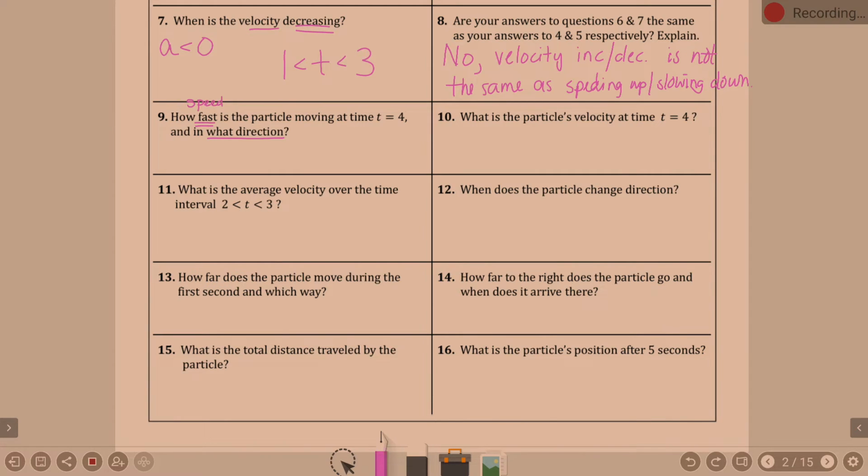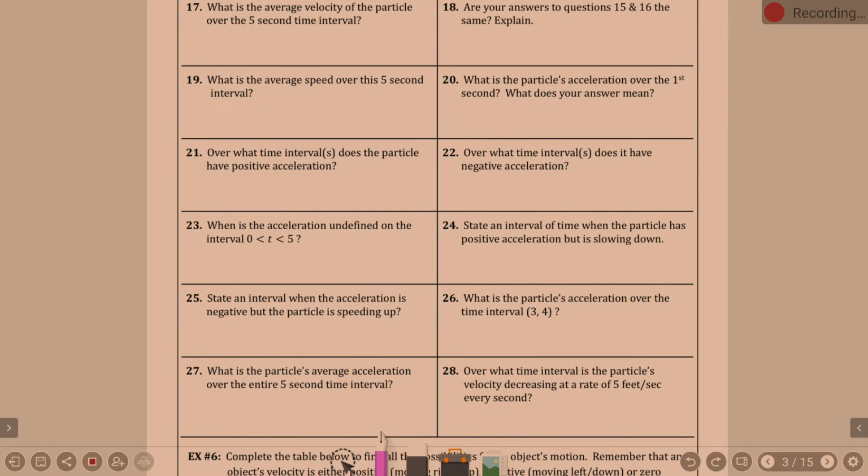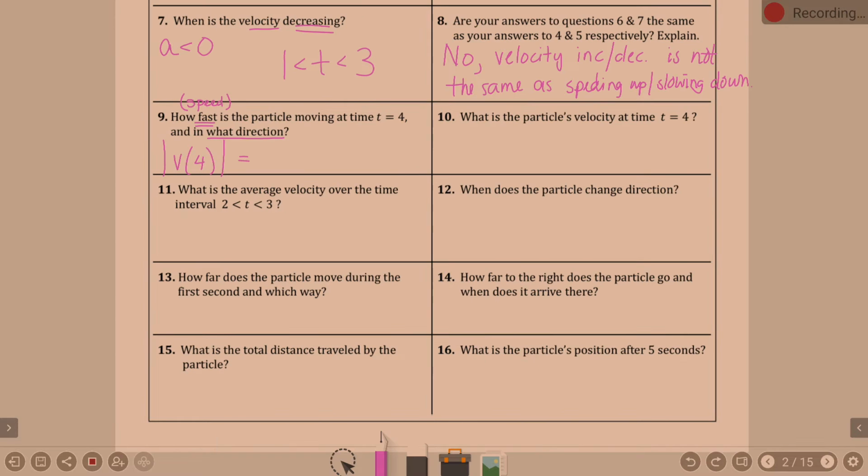Now, when we talked about speed last week, speed is what in relation to velocity? Absolute value of velocity. Yeah, speed is the absolute value of velocity. And we're looking at velocity when? At time 4. So we want the absolute value of the velocity at time 4.